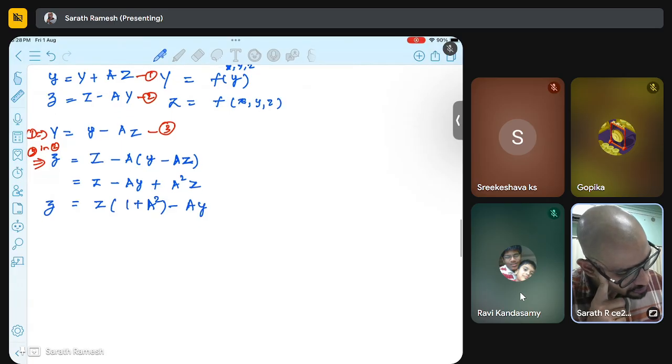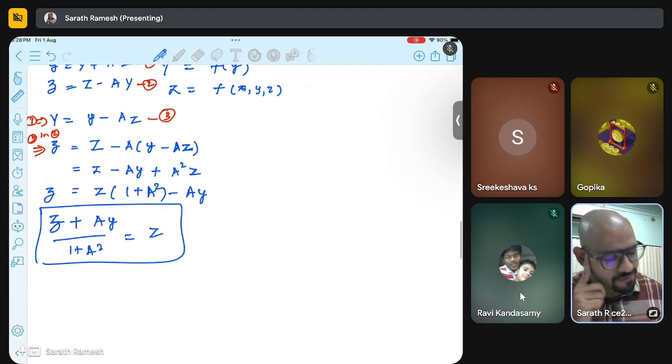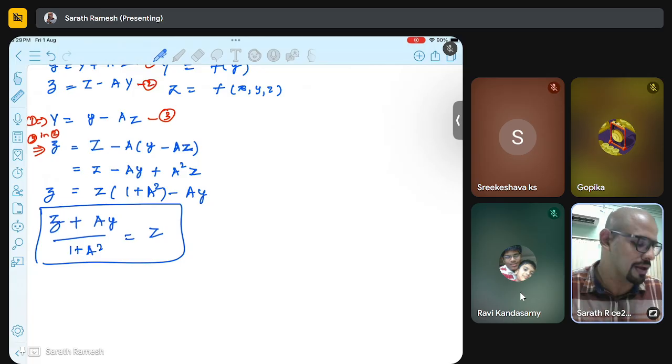So capital Z equals z plus AY divided by 1 plus A square. Done. So we have found capital Z in terms of small z and small y.